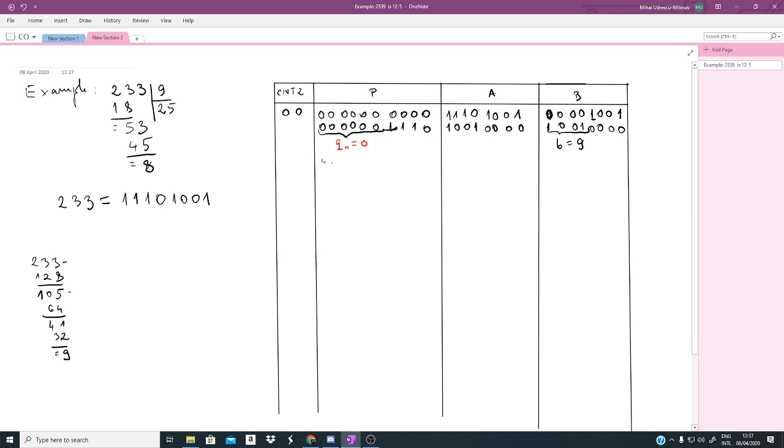I shift it with 2 positions. I shift everything with 2 positions to the left.